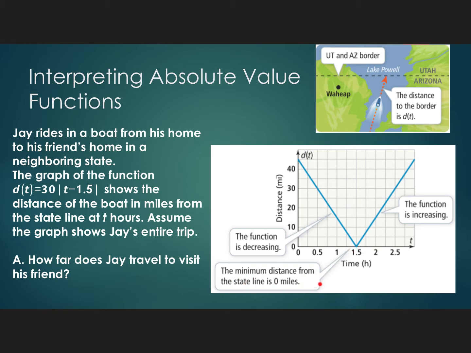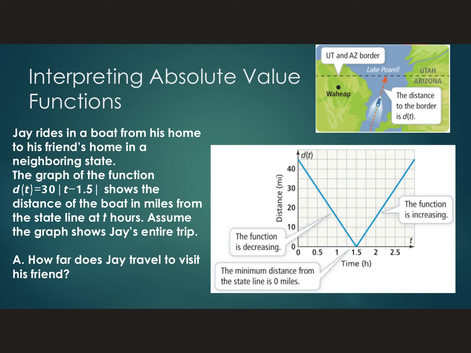What does that mean? If we are 0 miles from the state line, that means we're at the state line. And then the distance is increasing again. So as Jay approaches the state line, this is him approaching the state line, and then he keeps going past the state line, and then he goes further and further away from it.